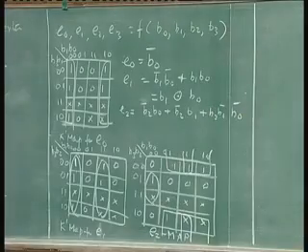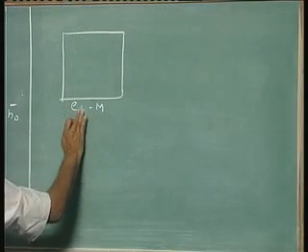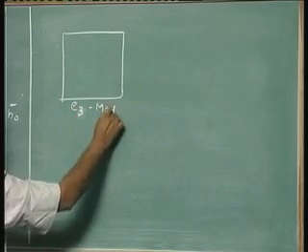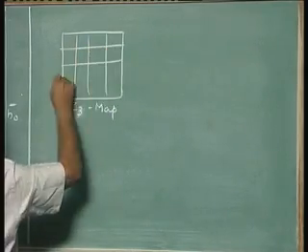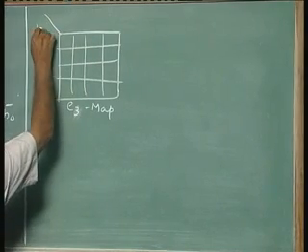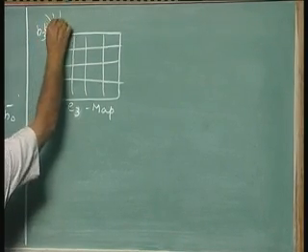And then the last map will be for E4. E3 map, I am sorry. E3 map, this will be 3B2, 1B0.